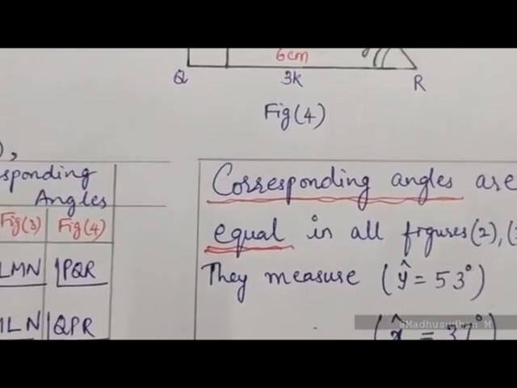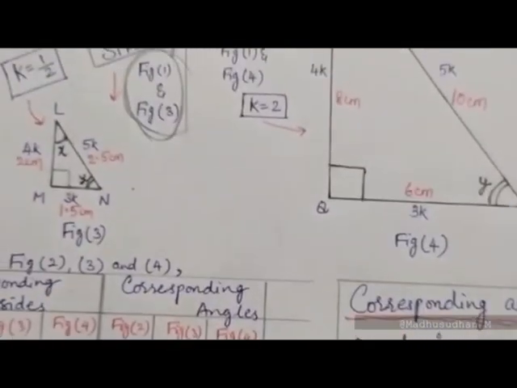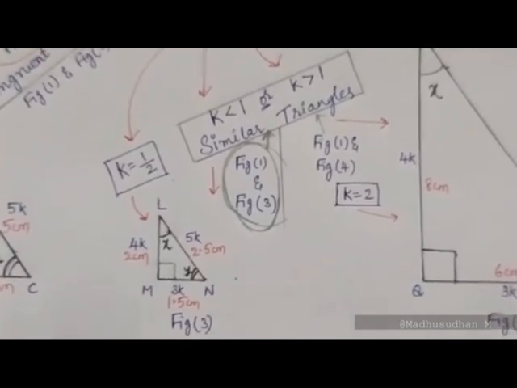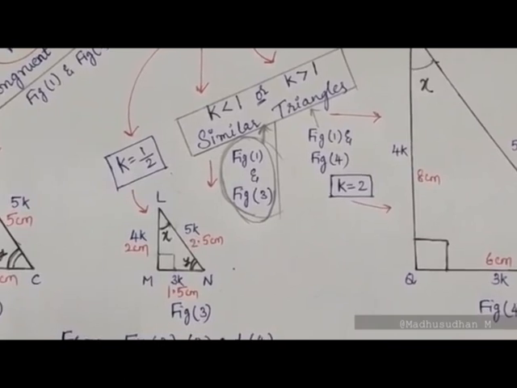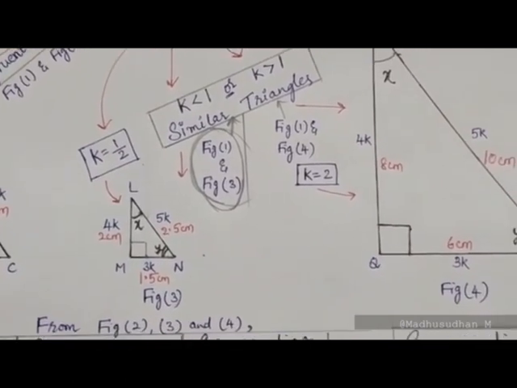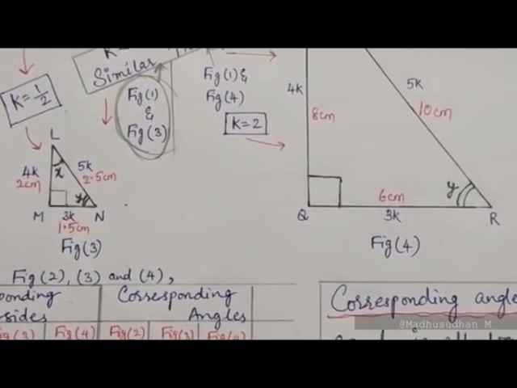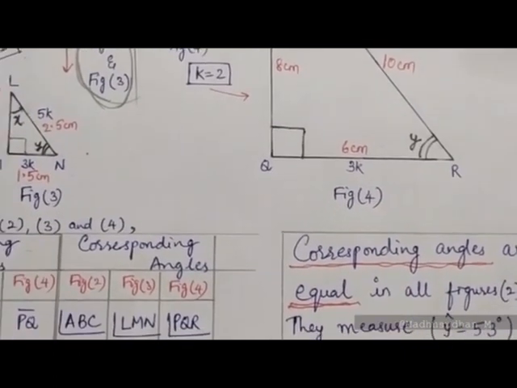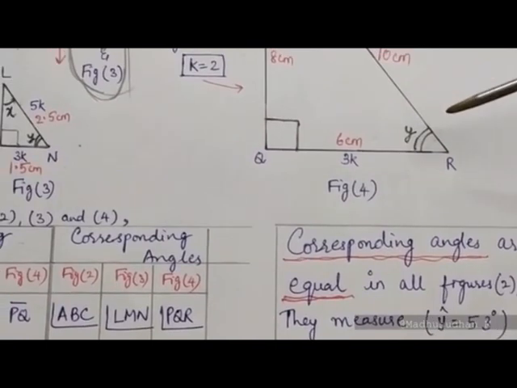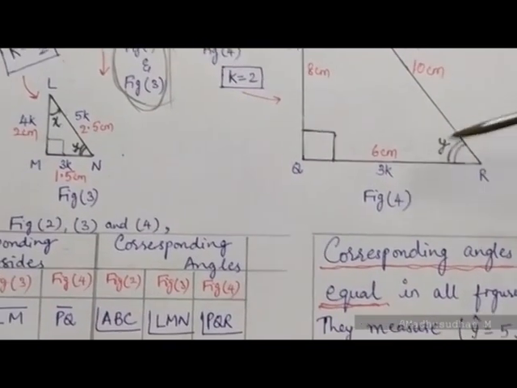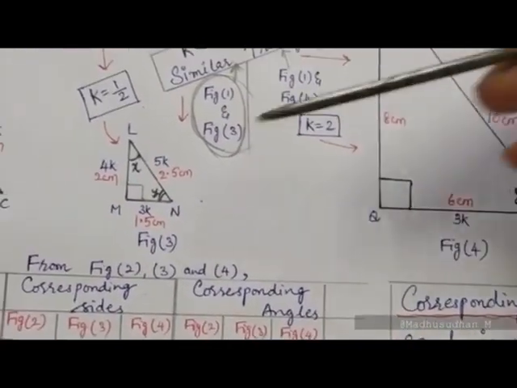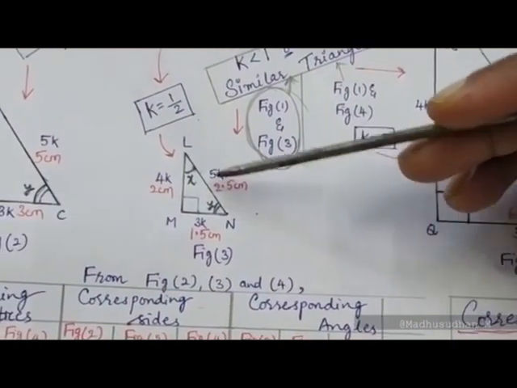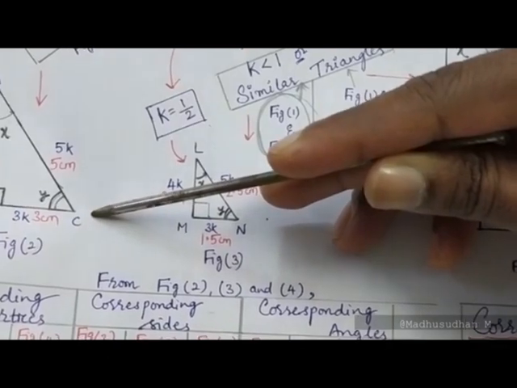So when a student geometrically constructs these right angled triangles, figures 2, 3 and 4, exactly according to the measurements, one can conclude that the corresponding angles are equal. The corresponding angles are equal in figures 2, 3 and 4. In figure 4, the angle Y; in figure 3, the angle Y here, MNL; in figure 2, the angle Y, BCA.